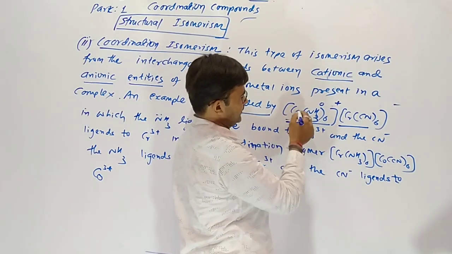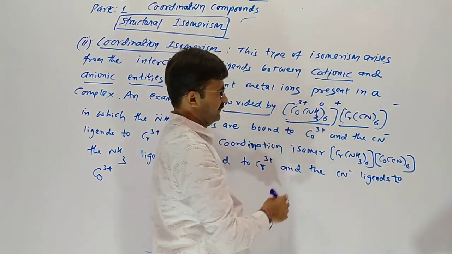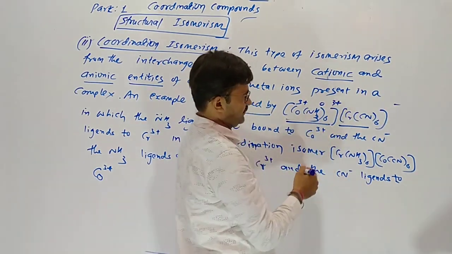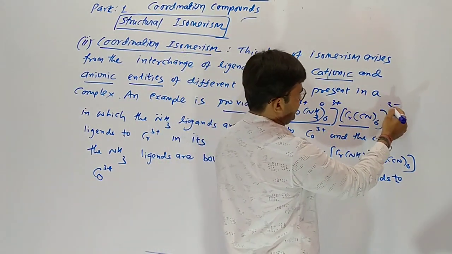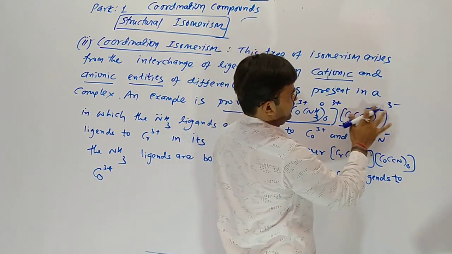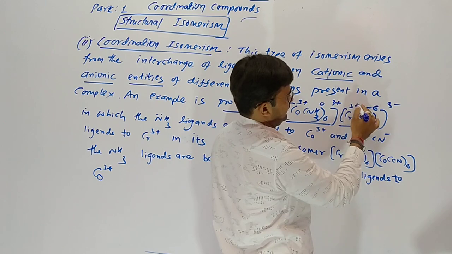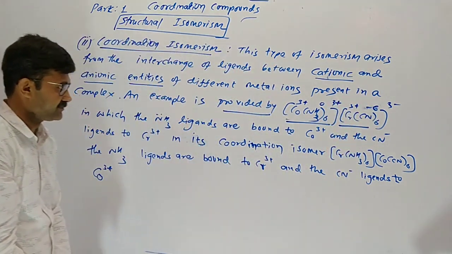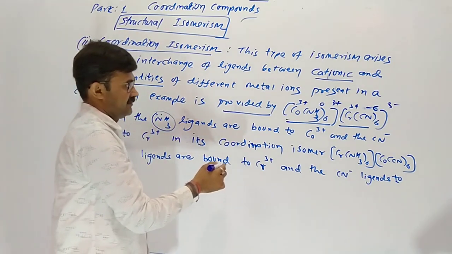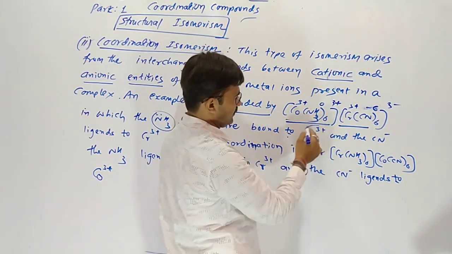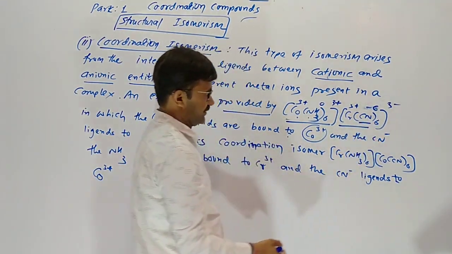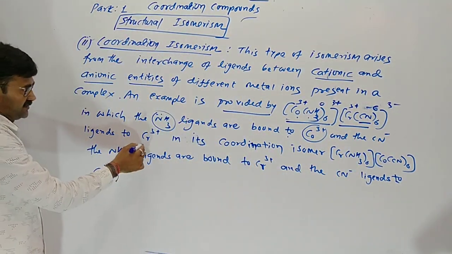Here NH3 is neutral, but the stable condition of cobalt is +3. On the basis of it, this is +3. So this should be 3 minus. Here 6 cyanide means -6, so here it will be 3 plus. In this, the amine ligands are bonded to cobalt +3 ion, and the cyanide ligands to Cr +3.